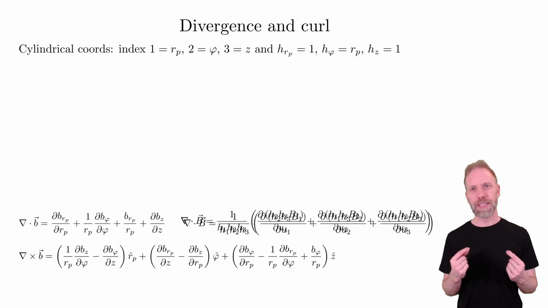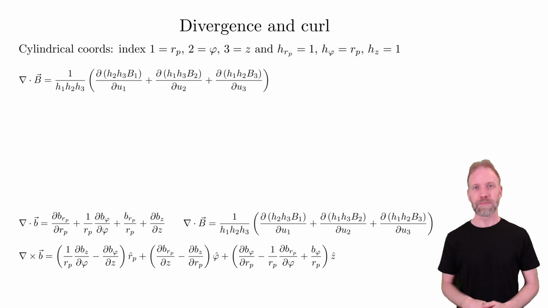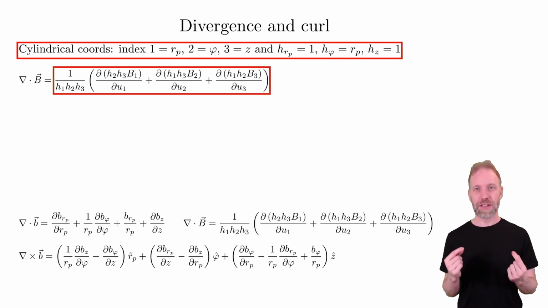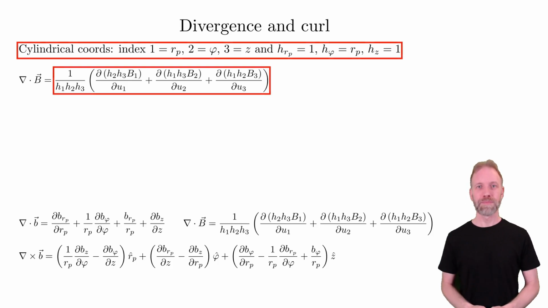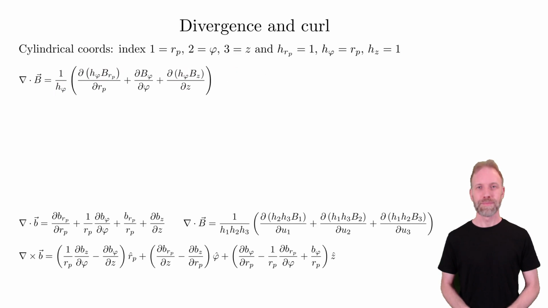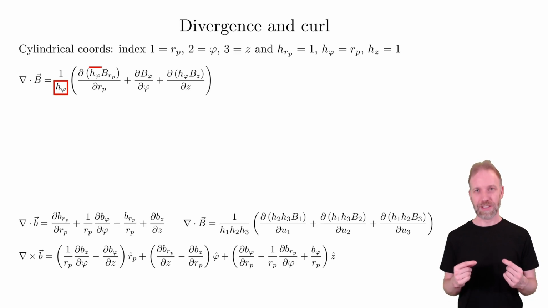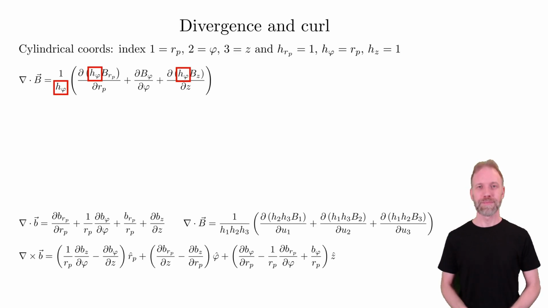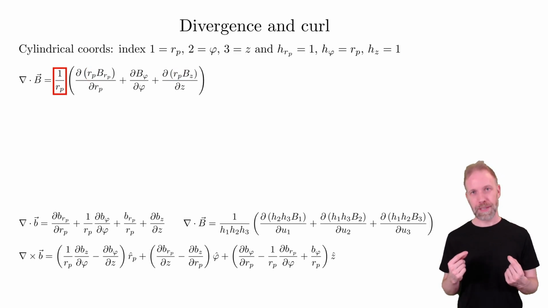Let us show the expression for the divergence as well. Start by removing h1 and h3 as they are 1, and set h phi as Rp. Distribute 1 over Rp.